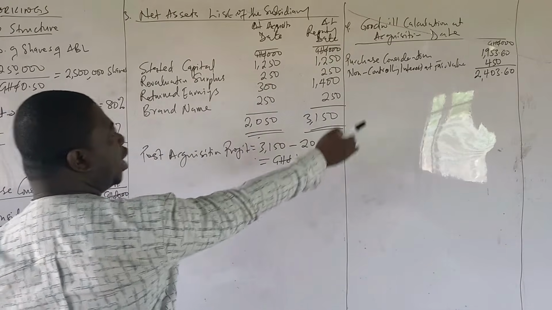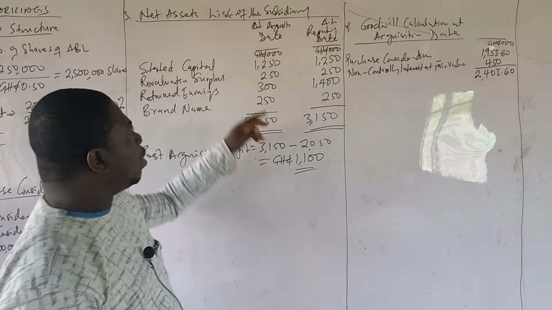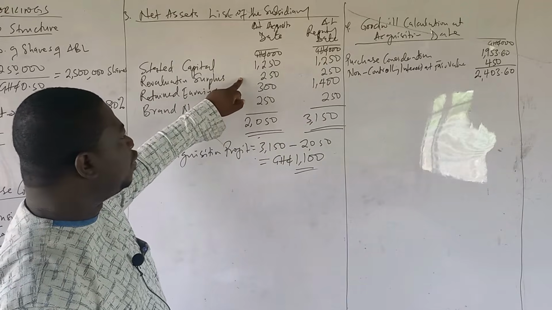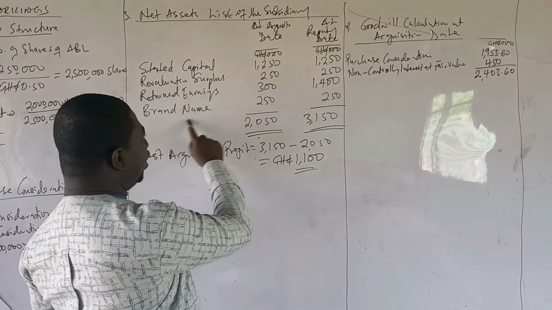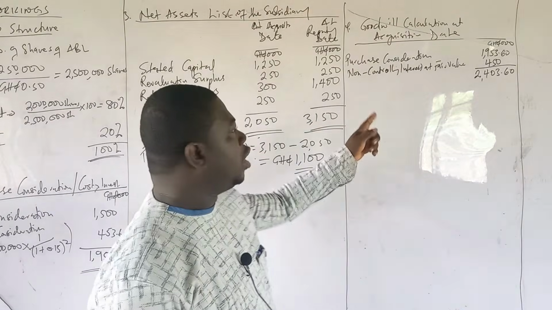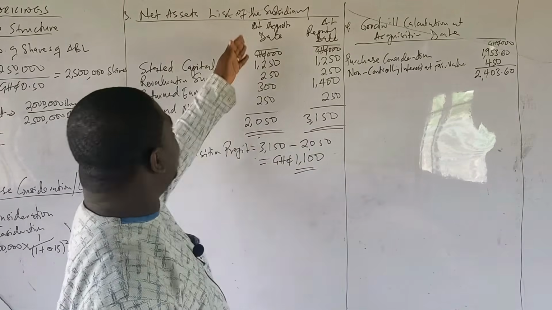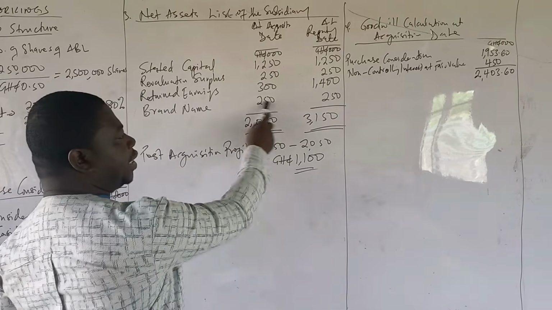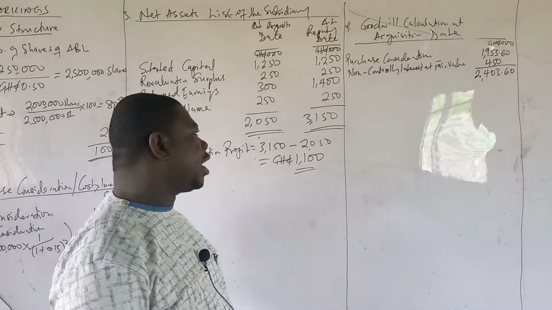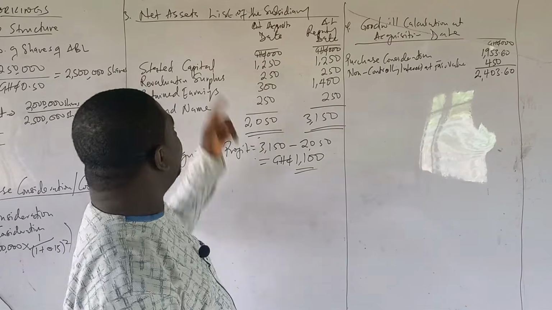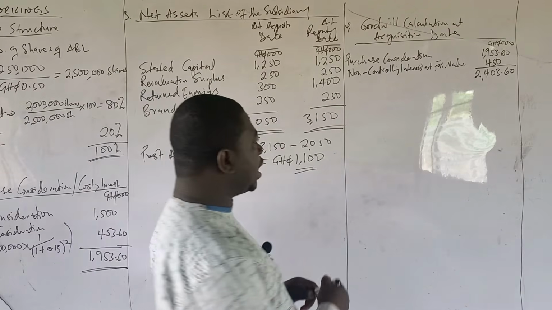I should have listed this 1,250, the revaluation surplus of 250, retained earnings of 300, and then the brand name, of course, of 250. But because I've already done that at working 3, I can just pick this total and send it straight. And it's going to save me a lot of time. So when I send it there, I'll refer the examiner to working 3.